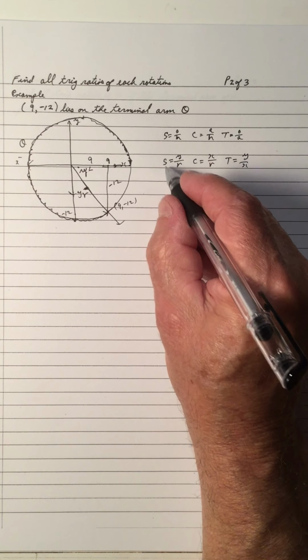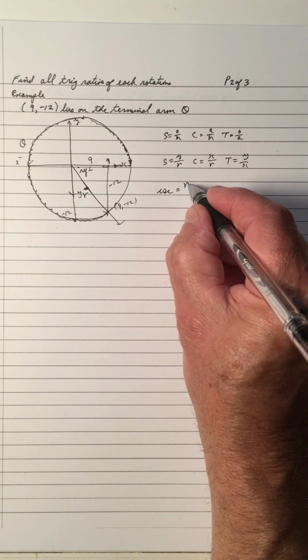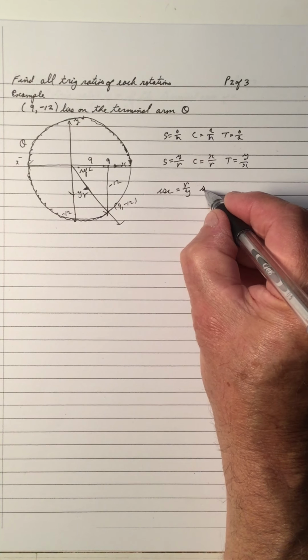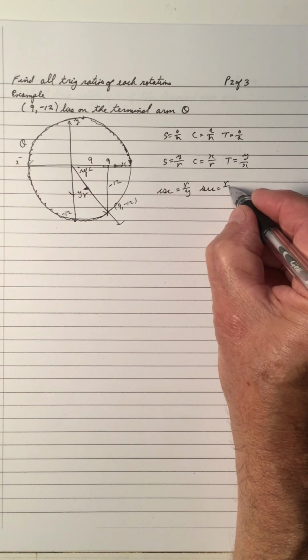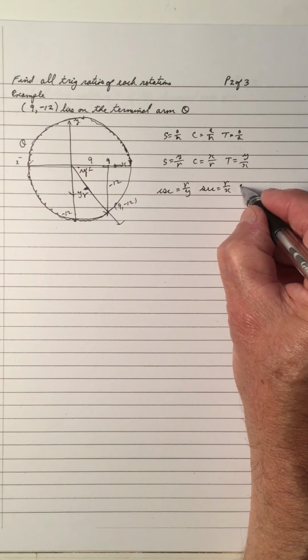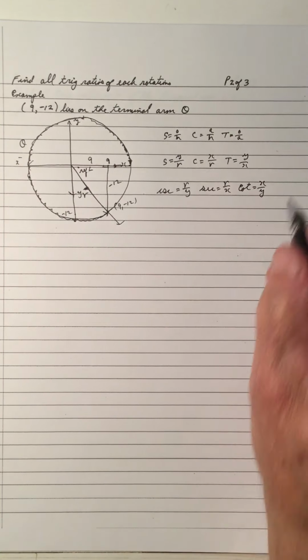And that means cosecant of theta is r over y, secant is r over x. Reciprocal of tan is cot, which is the x over the y.